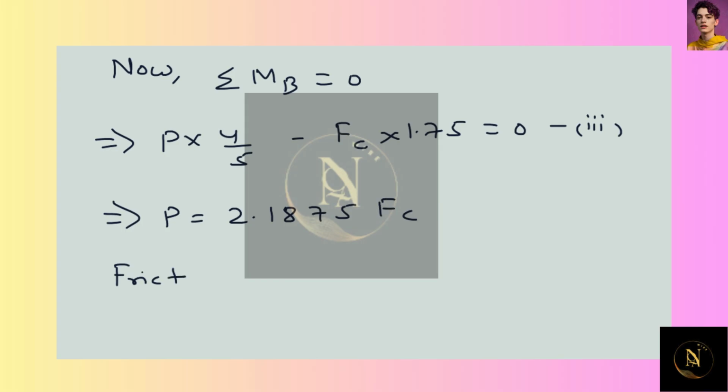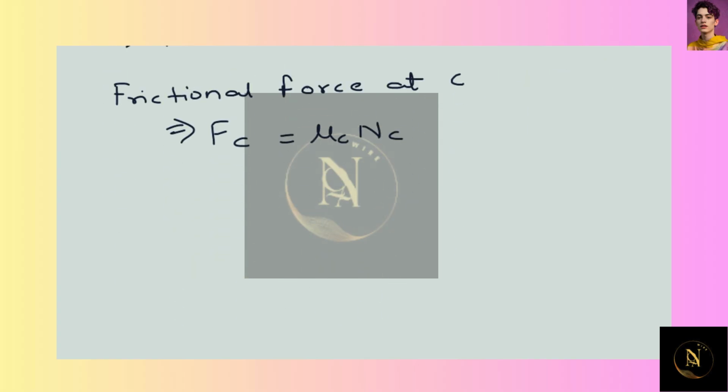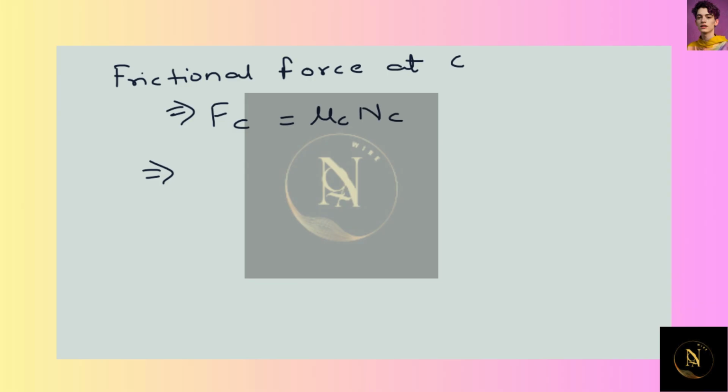So P is equal to 2.1875 FC. Frictional force at C is FC equal to mu C NC. Now we write FC is equal to 0.2 NC. That will be our equation 4.